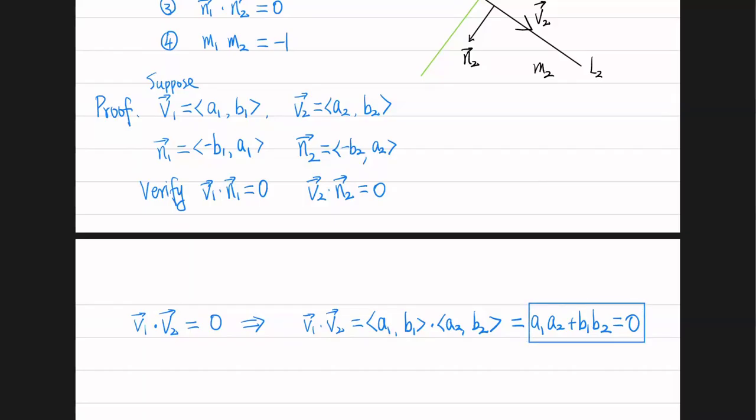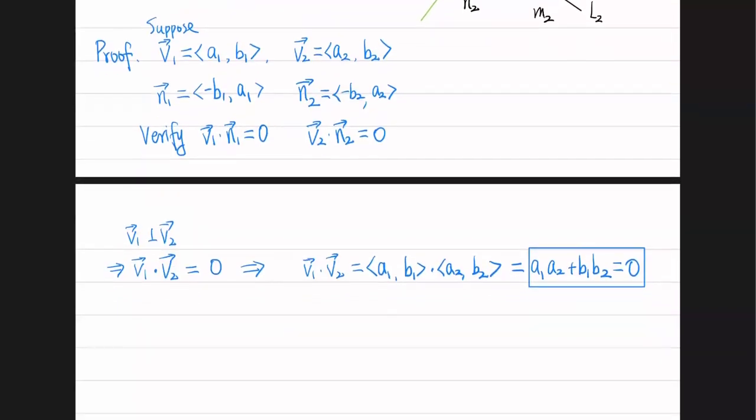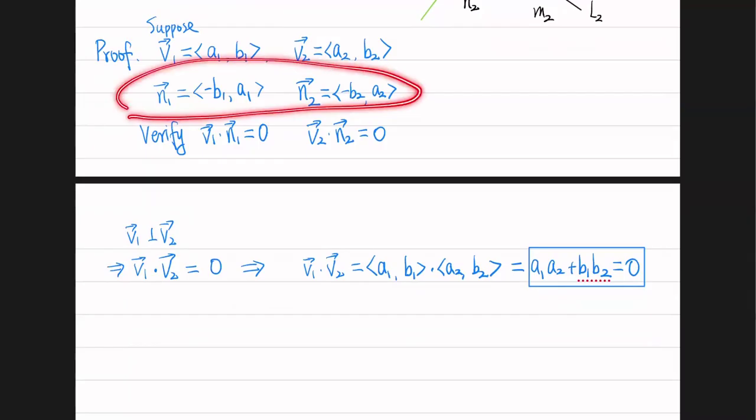Okay. If the two vectors are perpendicular, now let's verify the two normal vectors. Are they perpendicular?